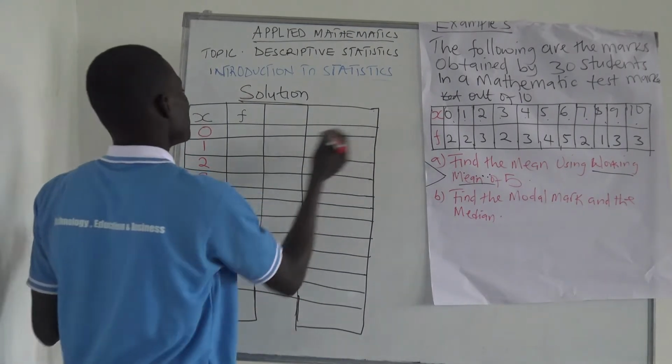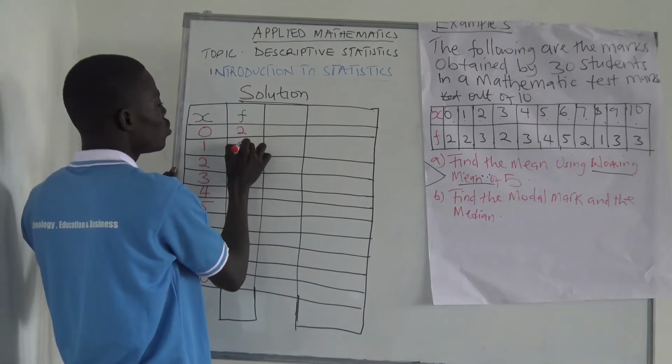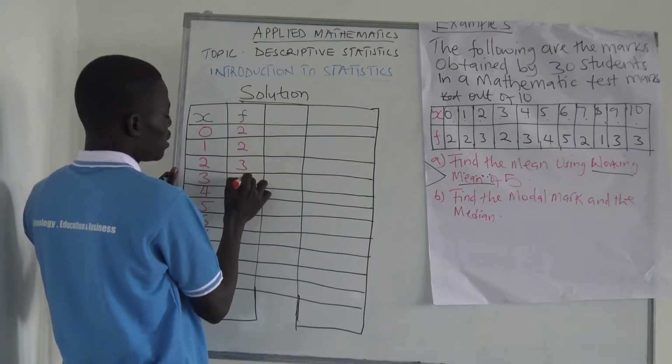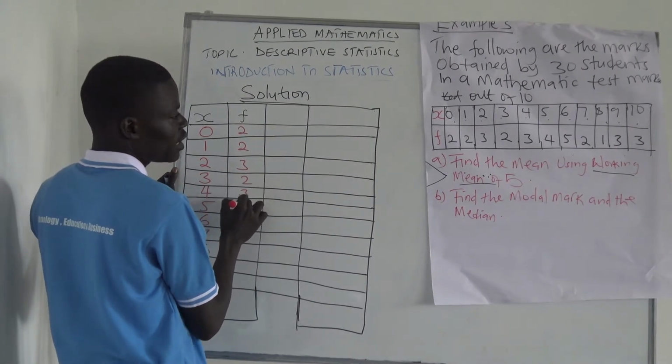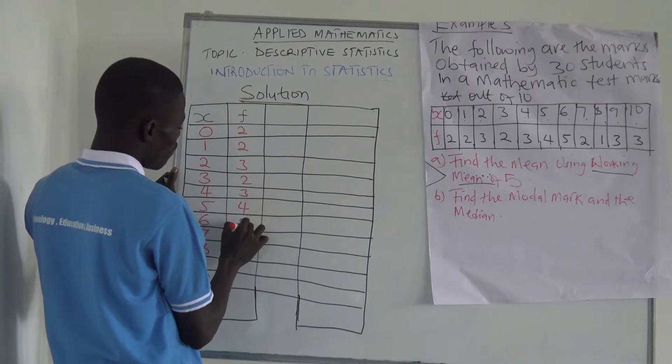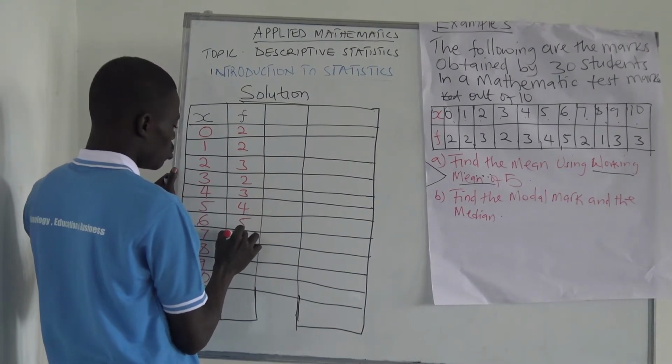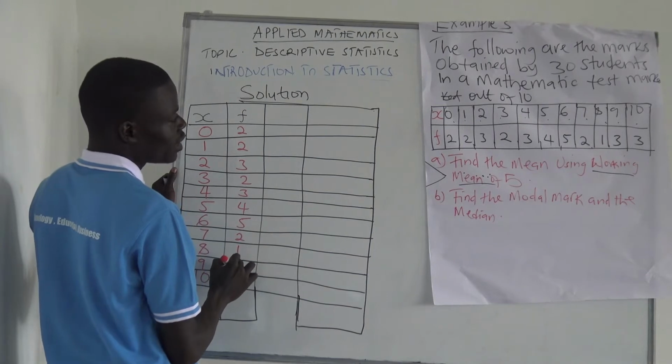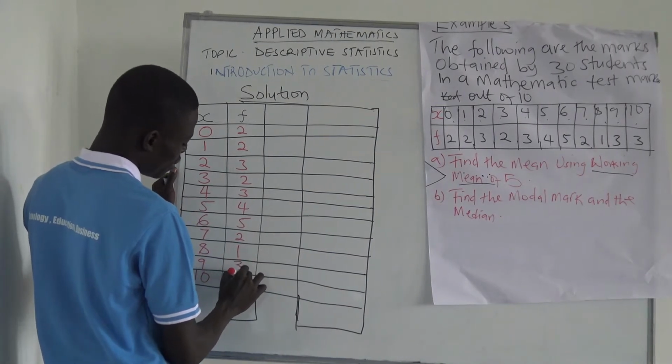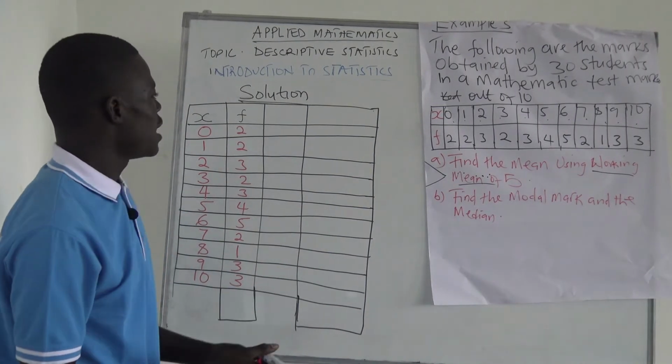And then the frequency we have 2, 2, 3, 2, 3, 4, 5, 2, 1, then 3, 3. That's the frequency.